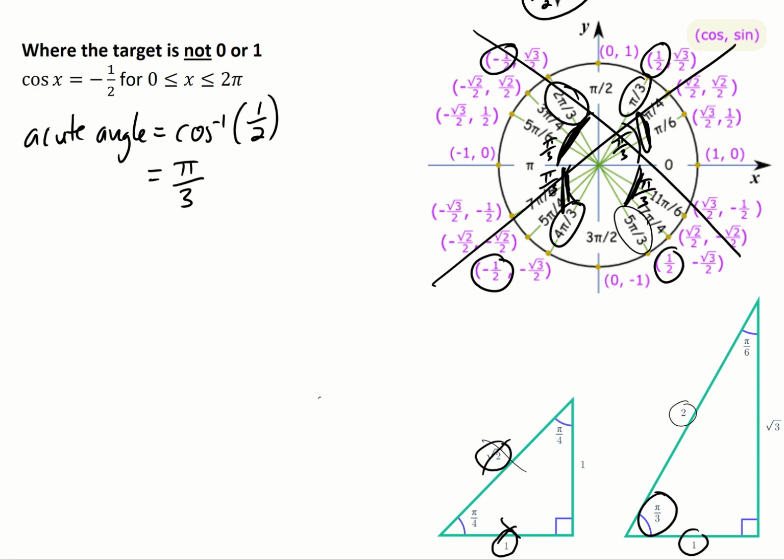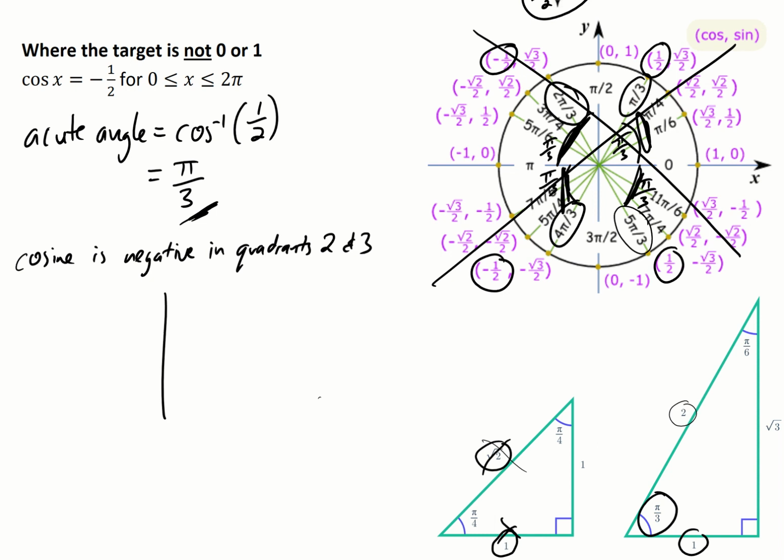So this tells me that if I want a cosine value of a half, I need an angle of pi on 3 off the x-axis. I'm after cosine being negative, and I know that cosine is negative in 2 quadrants. Okay, it's negative in quadrants 2 and 3, where the x-coordinates are negative.